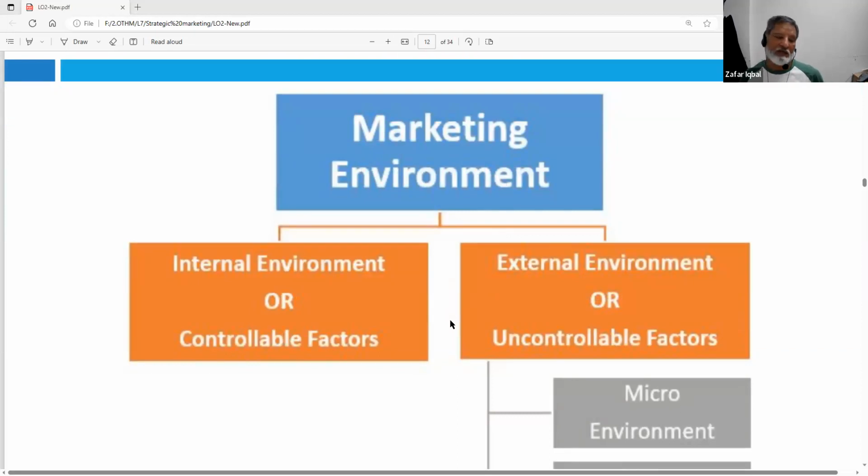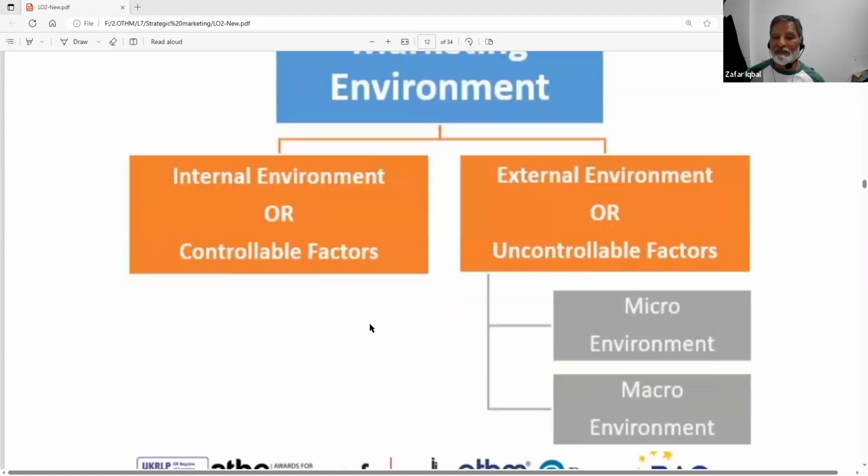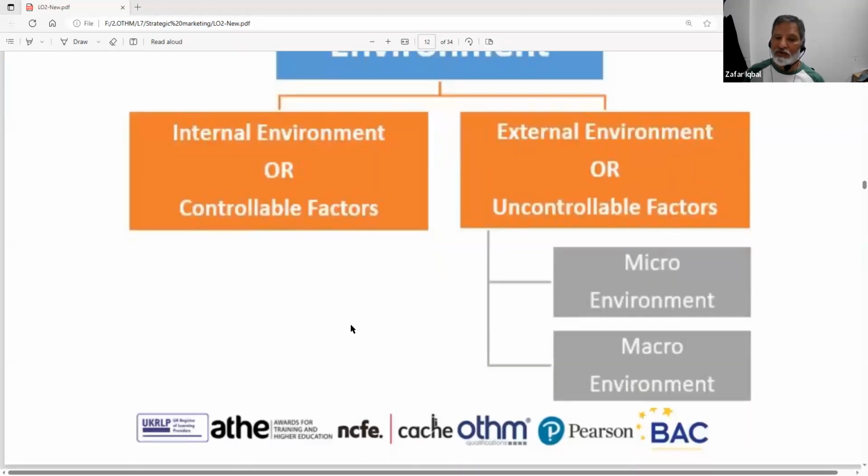The internal environment is the controllable environment, the factors that can be controlled by ourselves, and the external environment has uncontrollable factors that are beyond our control. The internal environment is known as the micro environment, and the external environment is the macro environment. The macro environment we have no control over.